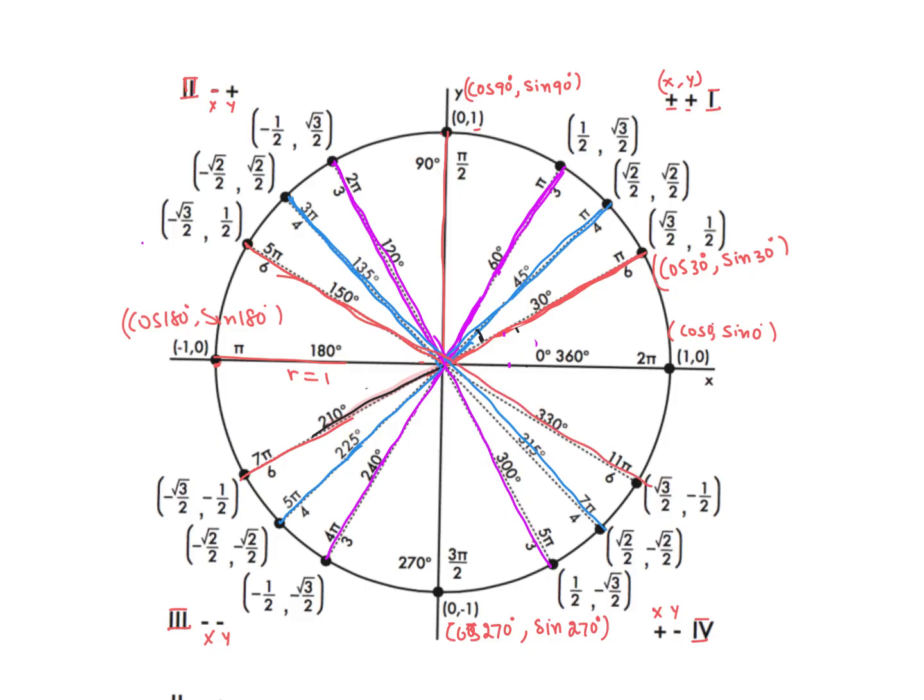The 45 is going to be square root 2 over 2, so square root 2 over 2 in every quadrant. All 45s are exactly the same, only their signs are going to be different according to their quadrant.